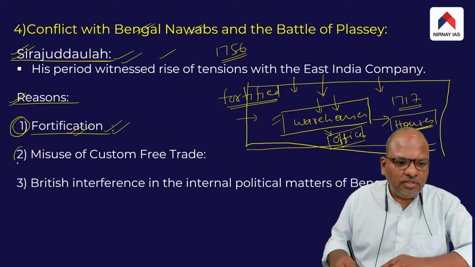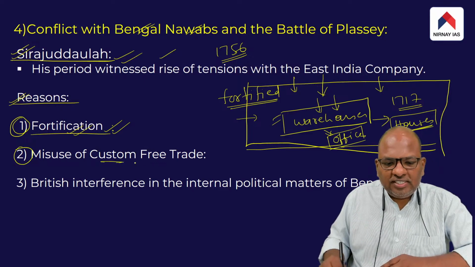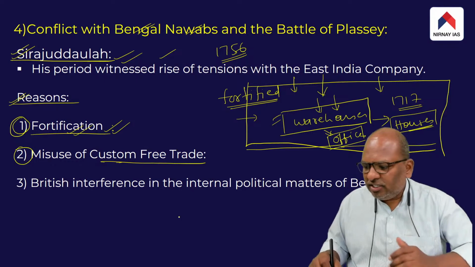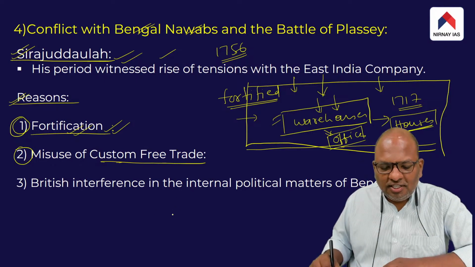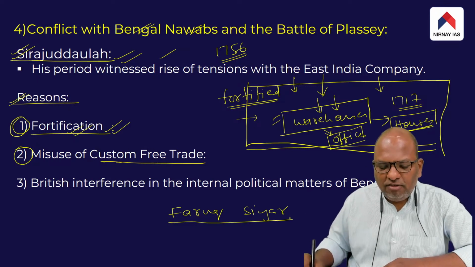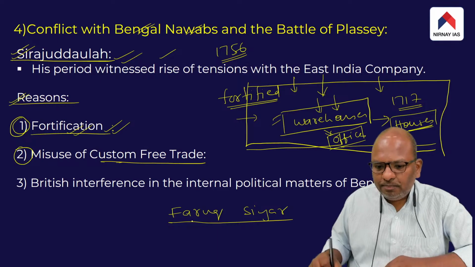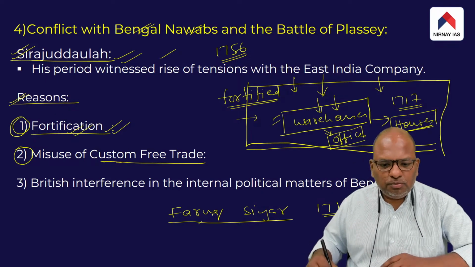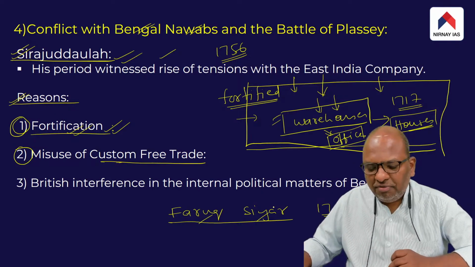Second reason, misuse of the custom-free trade. I already told you, in the previous class, if you remember, we discussed the Faruq Siyar's farman. Faruq Siyar is a later Mughal ruler, and in 1717, he issued a farman or a royal order, which is popularly called the Faruq Siyar's farman.